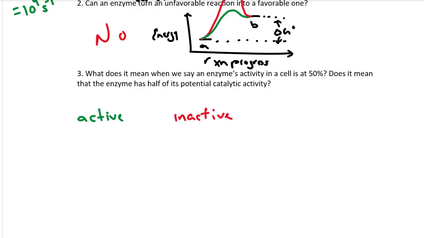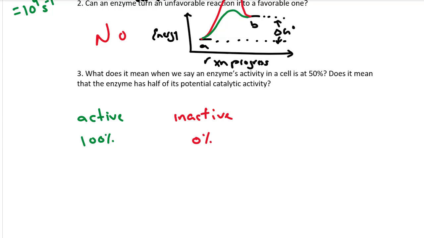So binary switch, right? Now, if you can be either at 100% activity or 0%, how can you get 50% enzymatic activity?